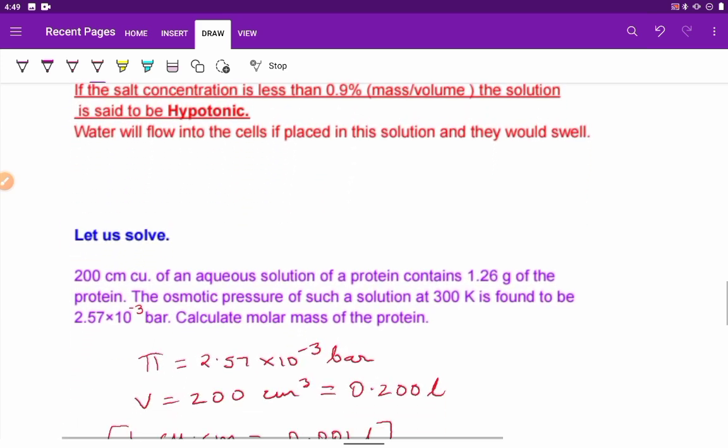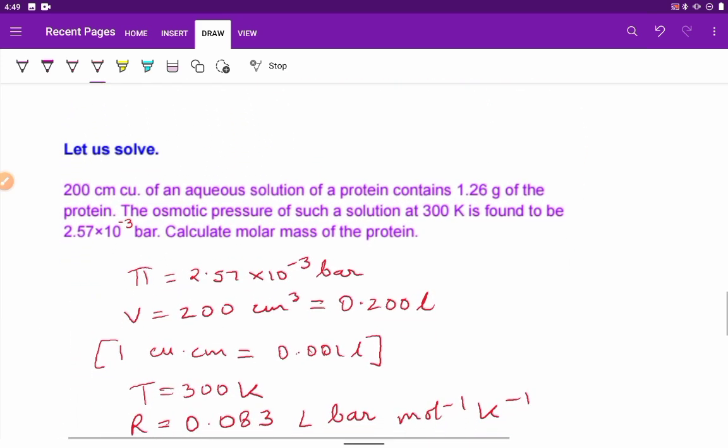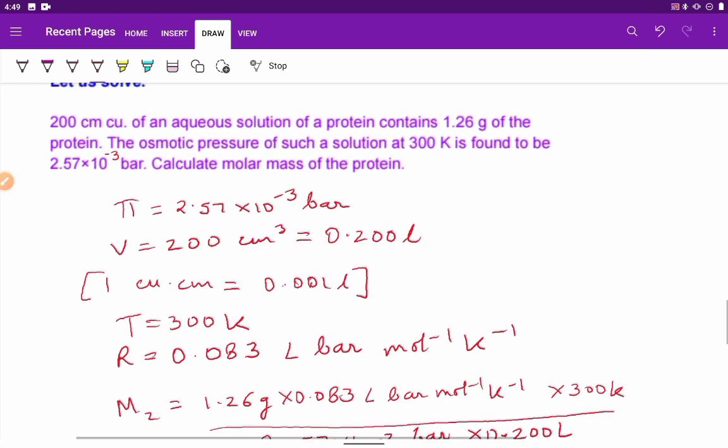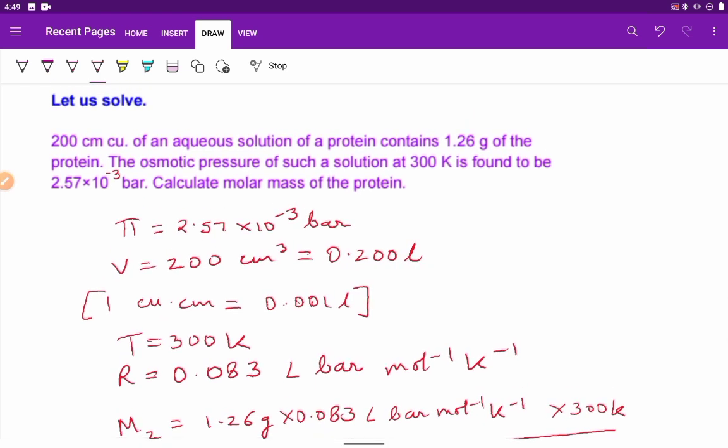Based on the above information, let us solve. 200 cm cube of an aqueous solution of a protein contains 1.26 grams of the protein. The osmotic pressure of such a solution at 300 Kelvin is found to be 2.57 into 10 to the power minus 3 bar. We have to calculate the molar mass of the protein. First of all, let us write down the given information.